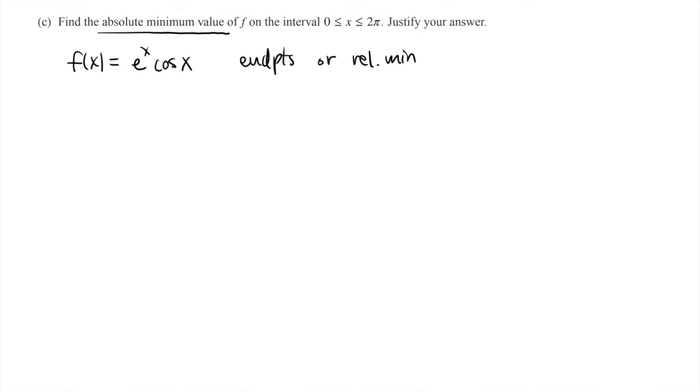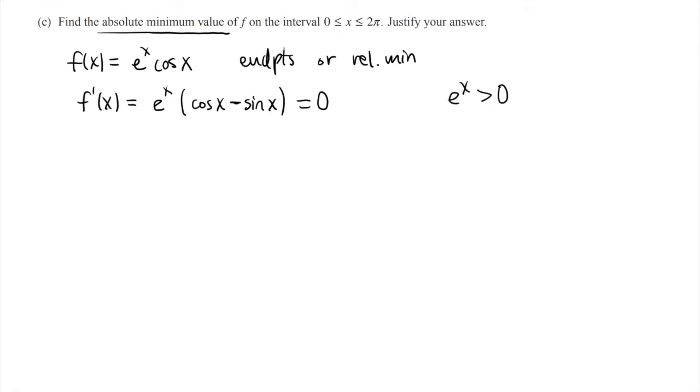So what I'd recommend doing here is first finding all the critical points. We just found the derivative above. Remember, we have that the derivative is e to the x times cosine x minus sine x. If I want to find the critical points, I want to know where this is 0. It's good to remember that e to the x is never 0.